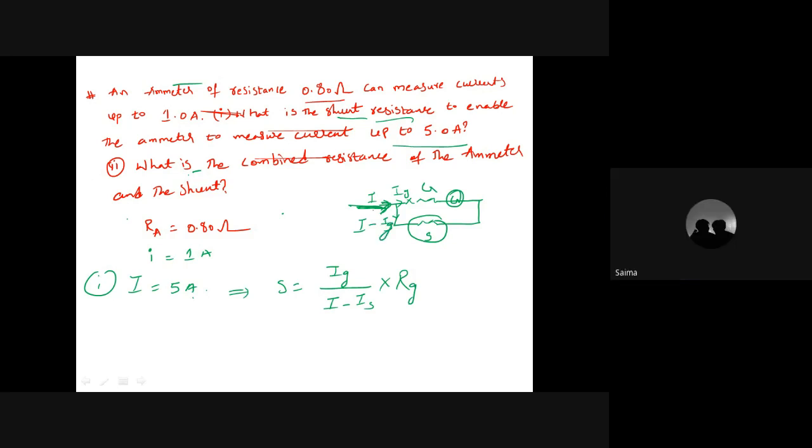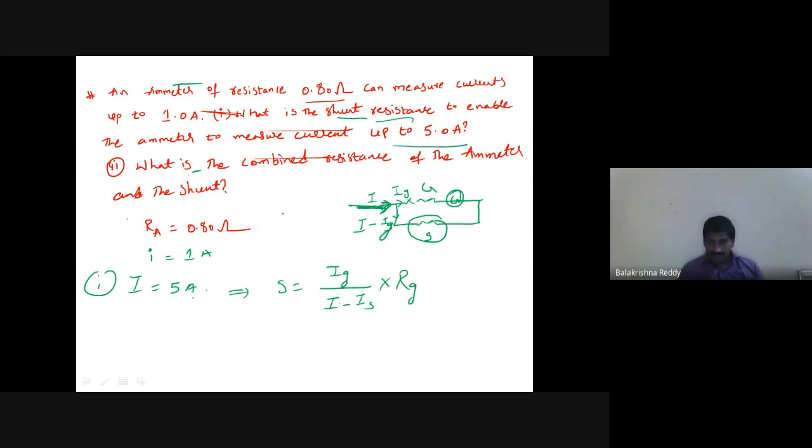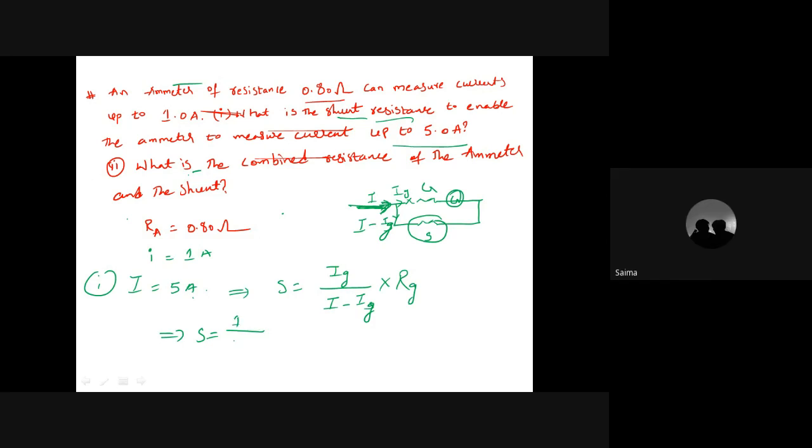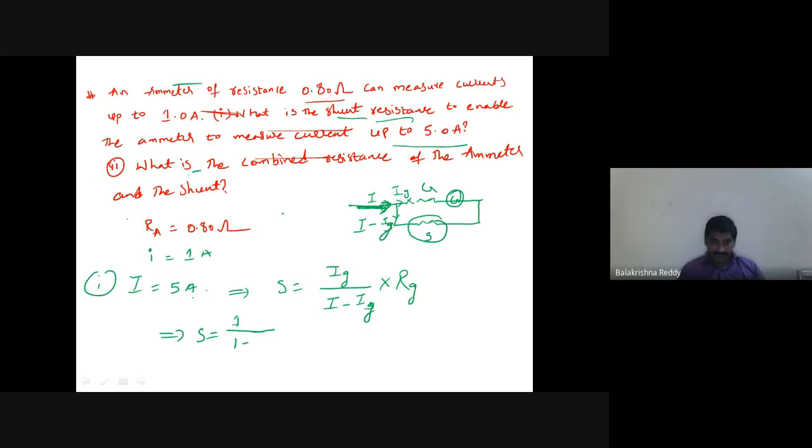So the shunt resistance S is equal to Ig by I minus Ig, into Rg. The current flowing through the galvanometer is 1 ampere, the total current is 5 amperes, so S is 1 by 5 minus 1, into Rg.